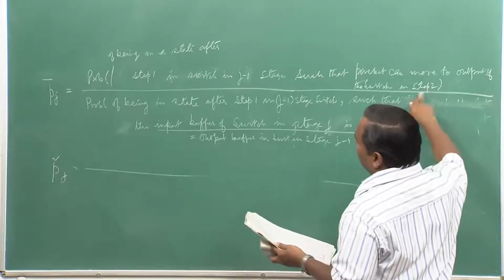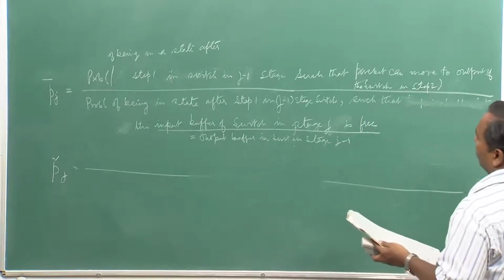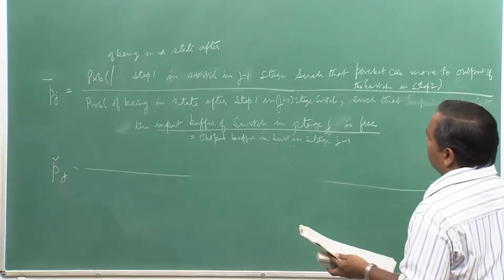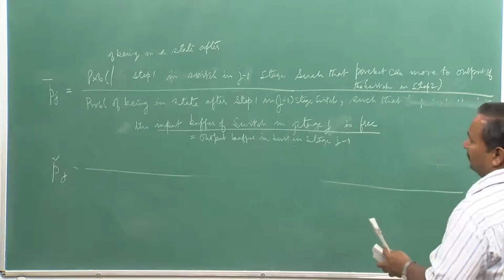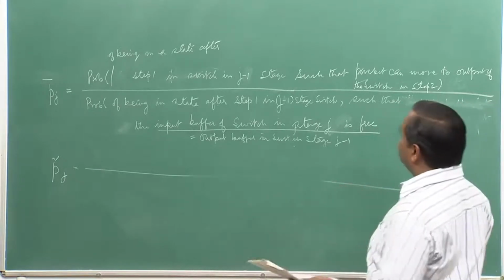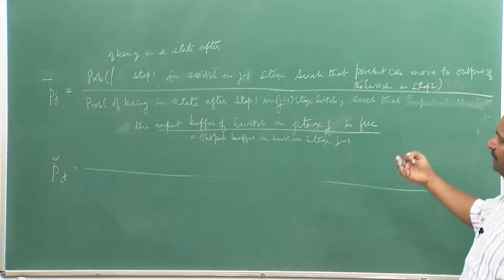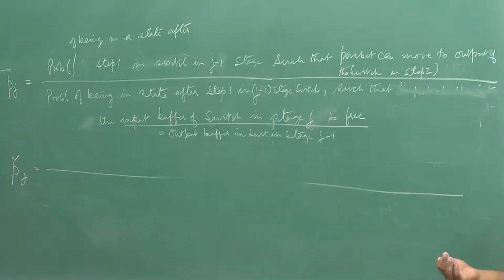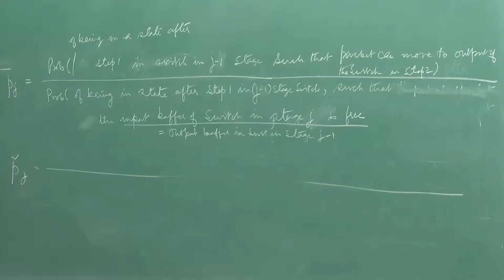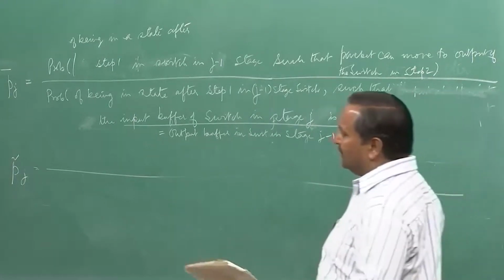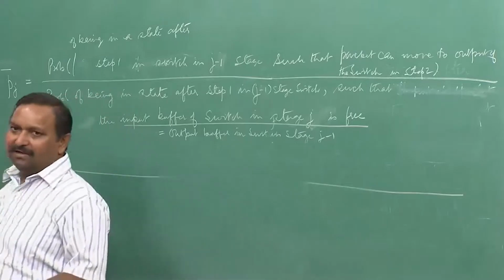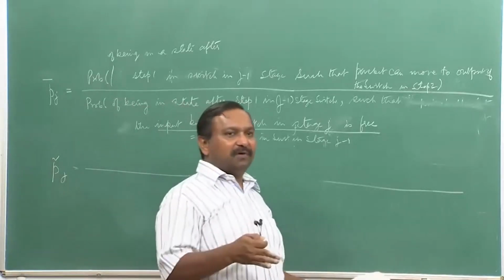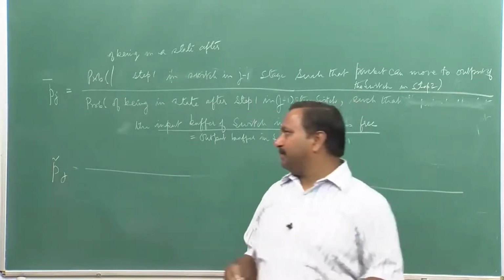Okay. So we have already finished step 2. In the j minus first stage step 1 is finished and this is what is going to happen. So when step 2 is going to be executed in the j minus first stage, the packet has to move to the input buffer. So we are now looking into conditional probability of arrival, conditioned on the input buffer of the jth stage switch being empty.